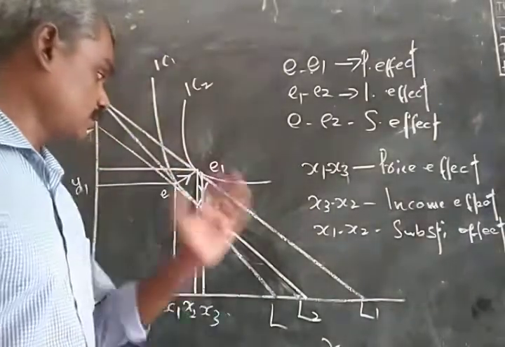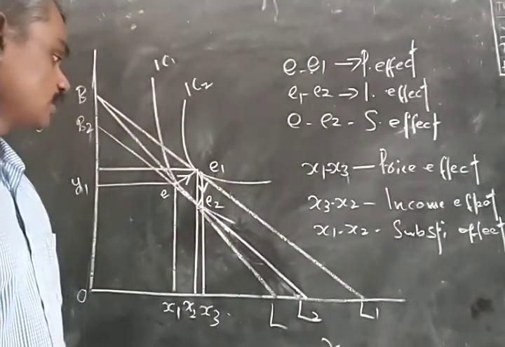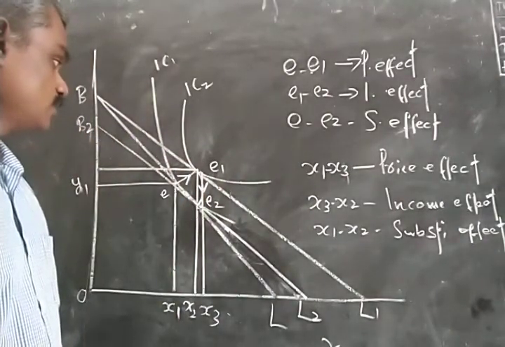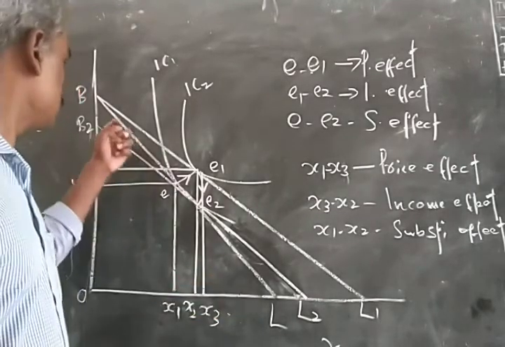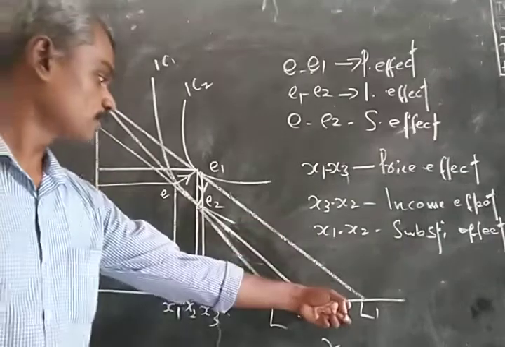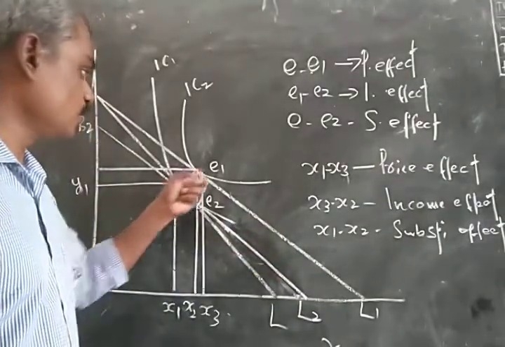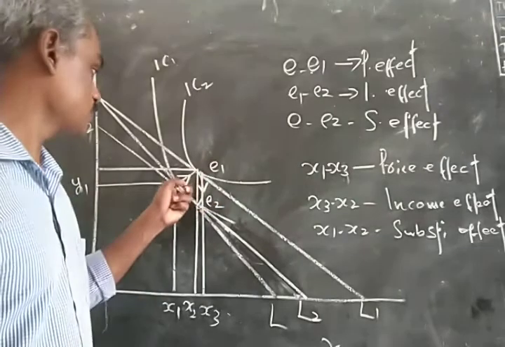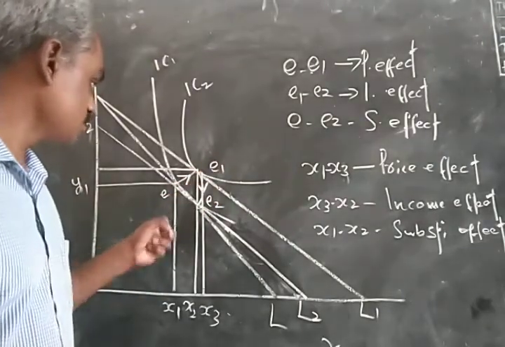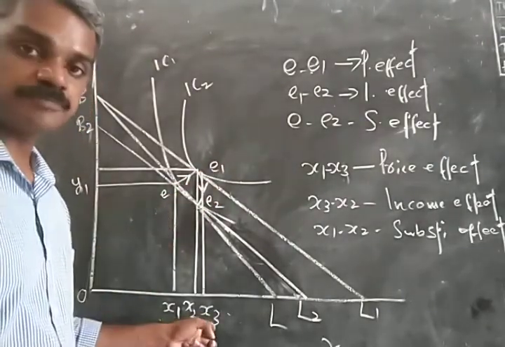Here we are using the ordinary utility theory to decompose price effect into income effect and substitution effect. When the price of commodity X falls, the budget line rotates from BL to BL1, and the consumer's equilibrium moves from E to E1. This is the effect when price falls. So this is called the price effect, the movement from E to E1, or increasing consumption from X1 to X3.